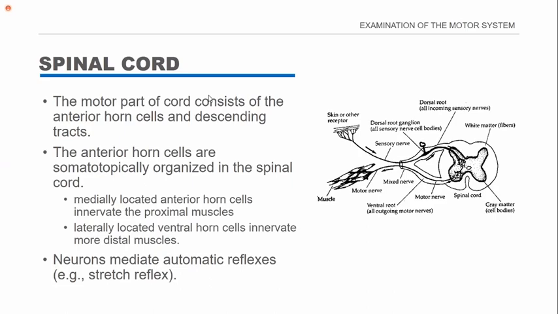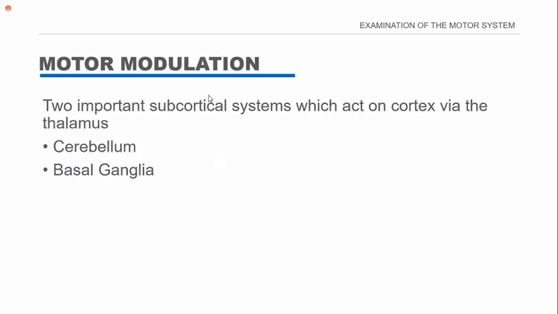This has important implications when we are seeing syndromes which either arise intrinsically from the cord, or when the spinal cord is being compressed from outside. So this has importance.